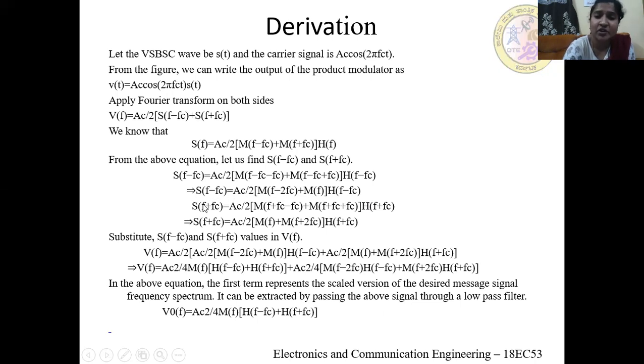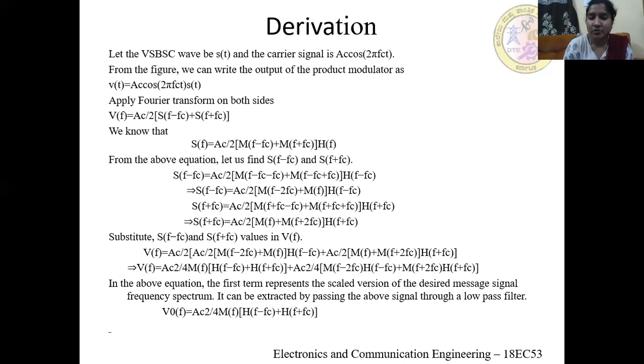Now we have to find the value for f plus fc, so we add fc to f. So S(f plus fc) is equal to Ac by 2 [M(f plus fc minus fc) plus M(f plus fc plus fc)] into H(f plus fc). Minus fc plus fc gets cancelled, and this becomes 2fc. So S(f plus fc) can be written as Ac by 2 [M(f) plus M(f plus 2fc)] into H(f plus fc).